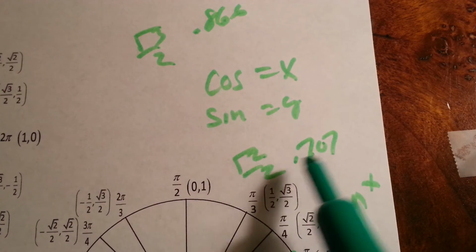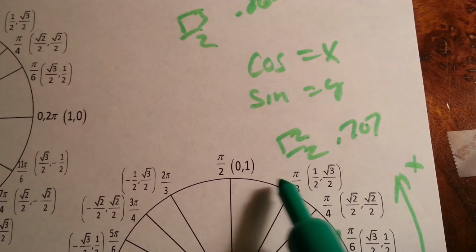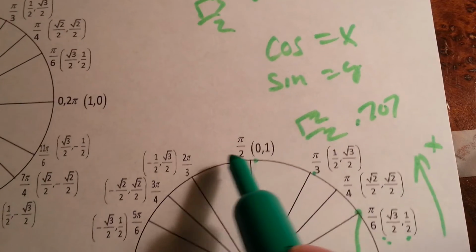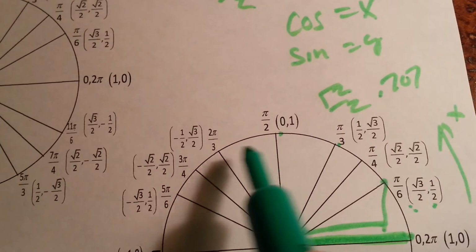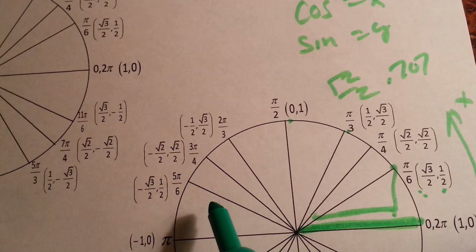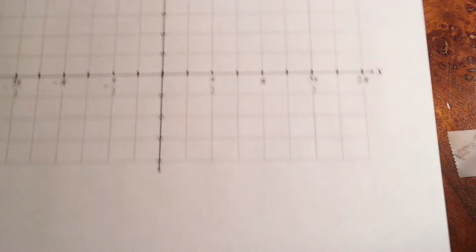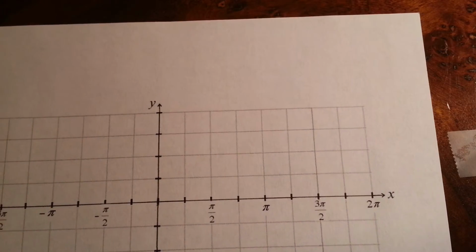You all should be familiar with these. And then 1/2, 0, and then we start repeating ourselves as far as the value, but now cosine's negative over here.